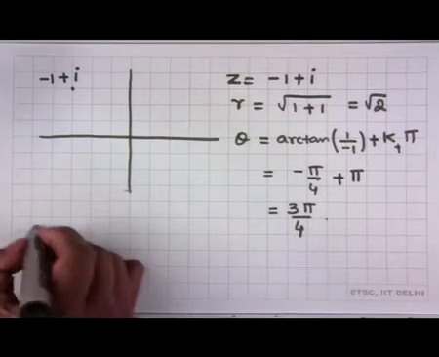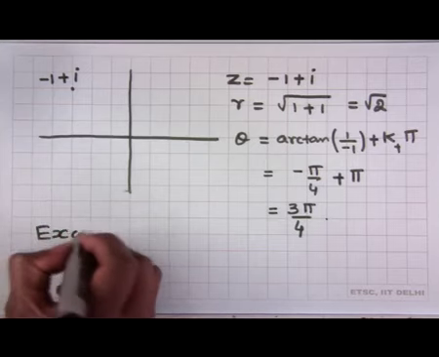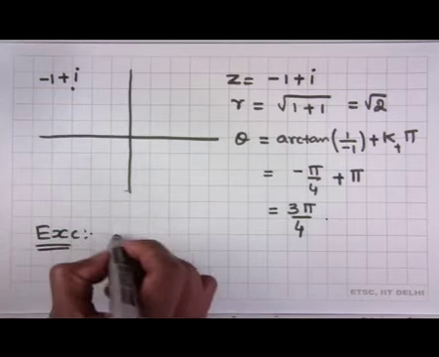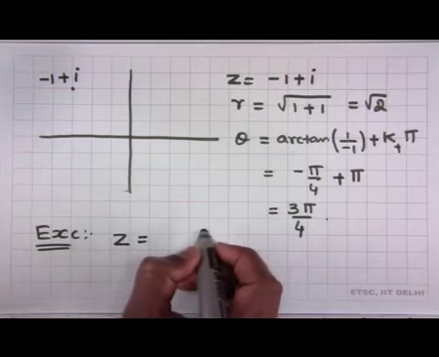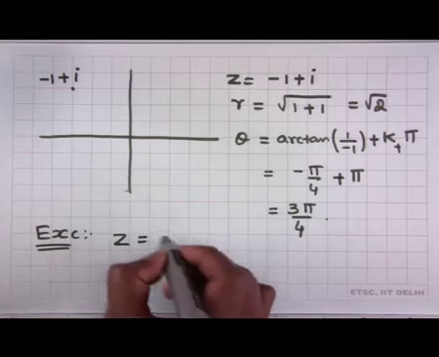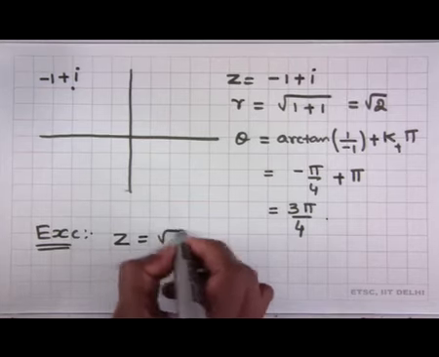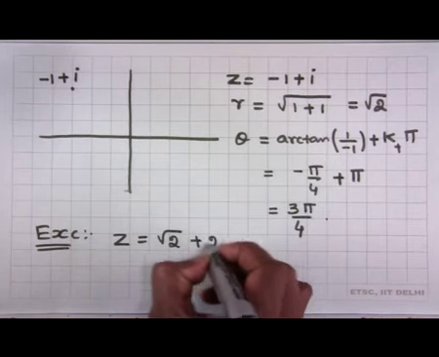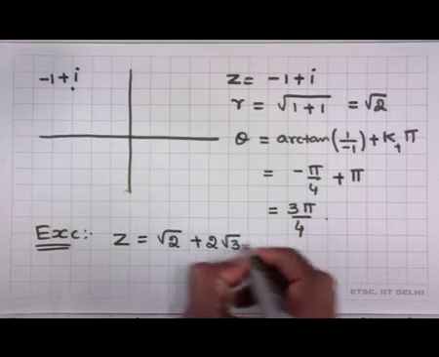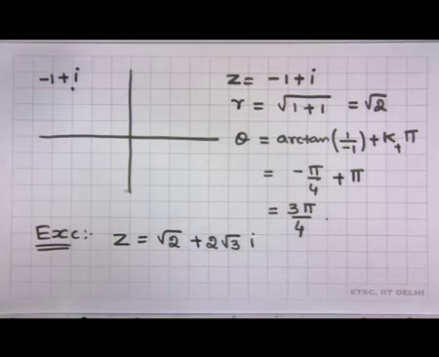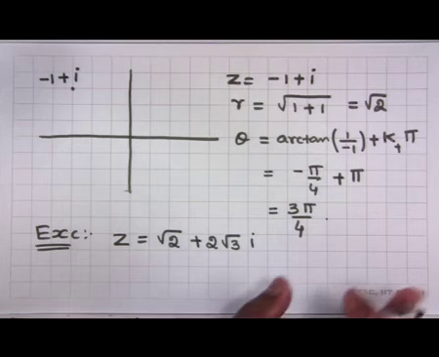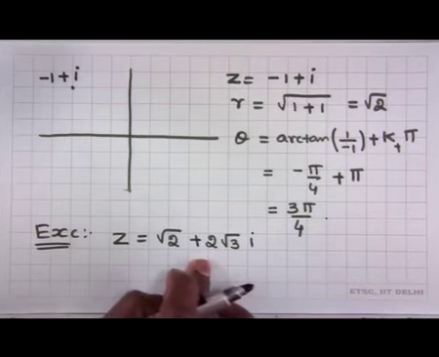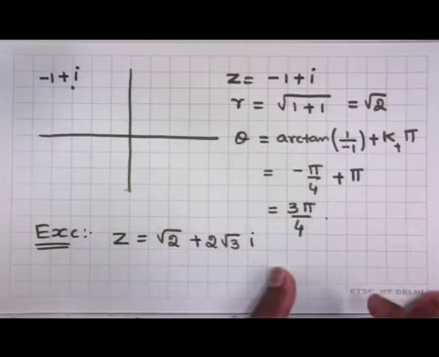Similarly, you can calculate for other complex numbers, such as z as root 2 plus 2 root 3 I. Calculate its polar representation by calculating r and theta.